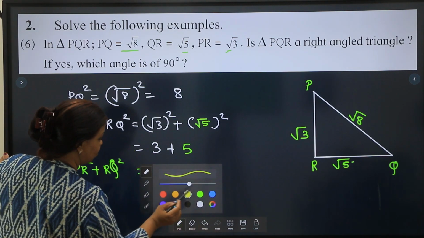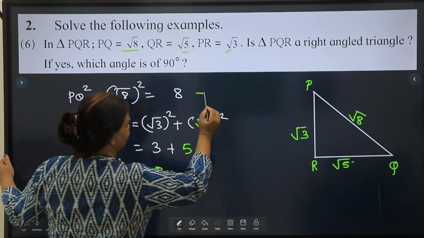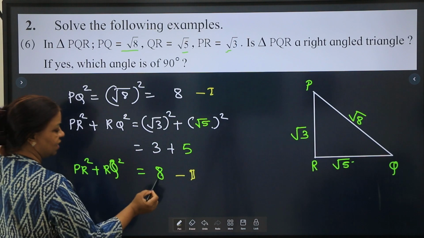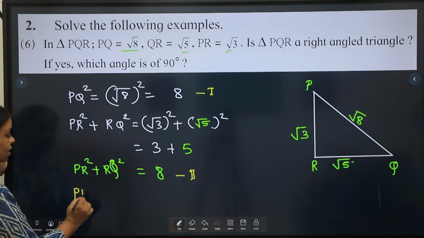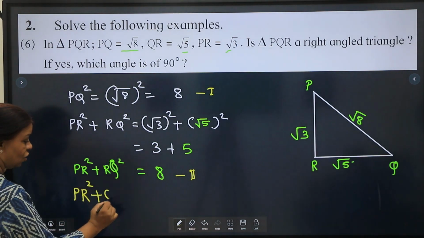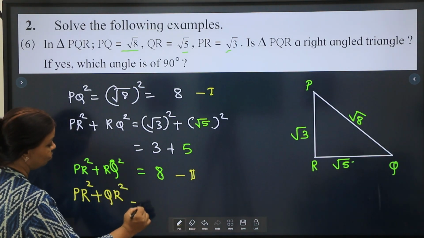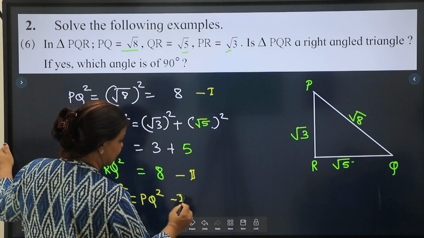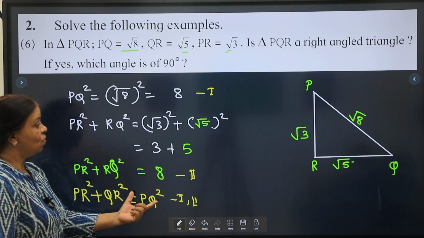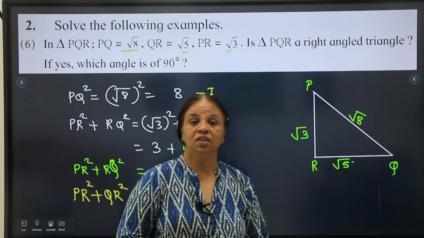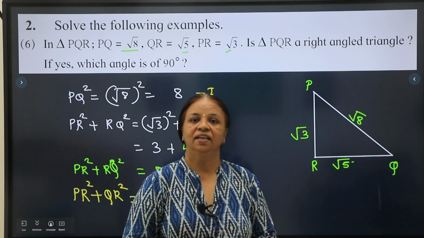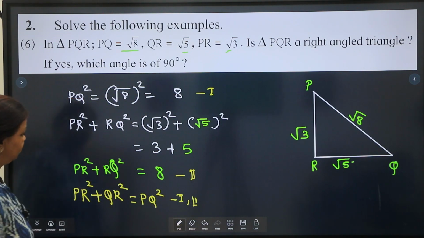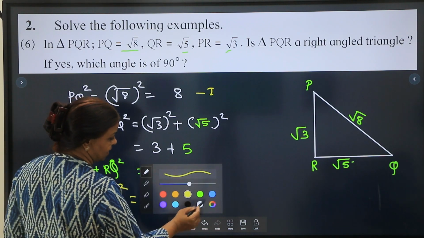So, we come to the conclusion finally that this is first and this is second. Both are equal. See, this is also 8 and this is also 8. So, I can say PR square plus QR square is equal to PQ square. I got it from first and second. If the square of one side is equal to the sum of the squares of the other two sides, that means the triangle is a right angle triangle by converse of Pythagoras theorem.